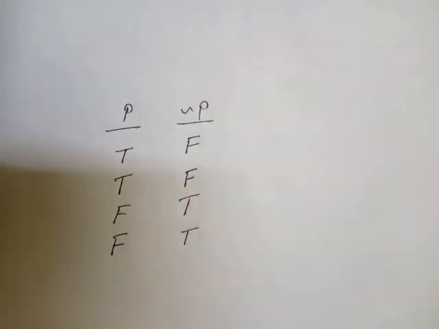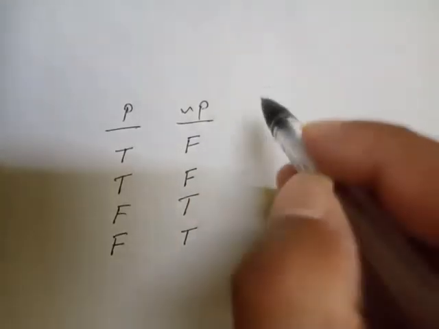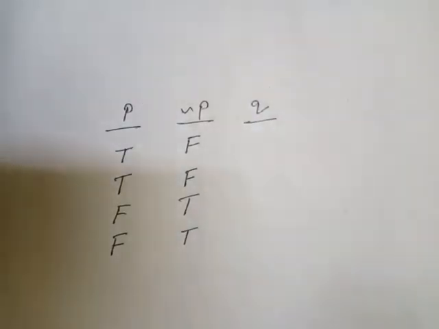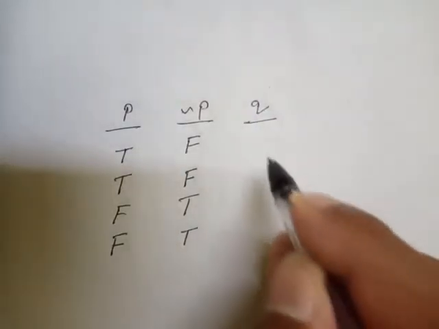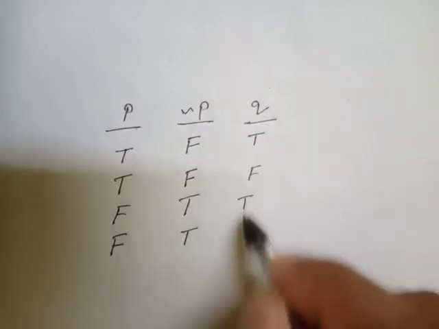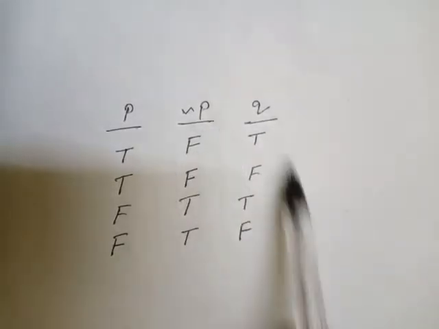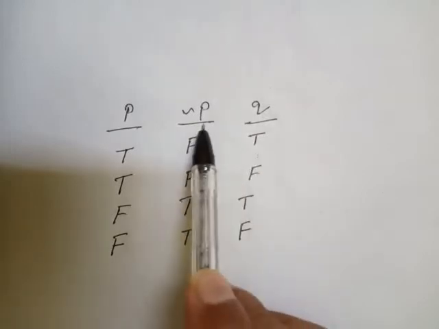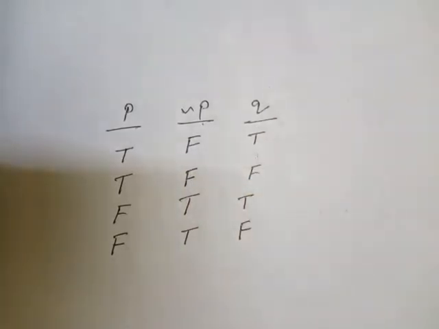This is the negation p. Now the value of q is given in the statement as T F T F. This is given in the question.